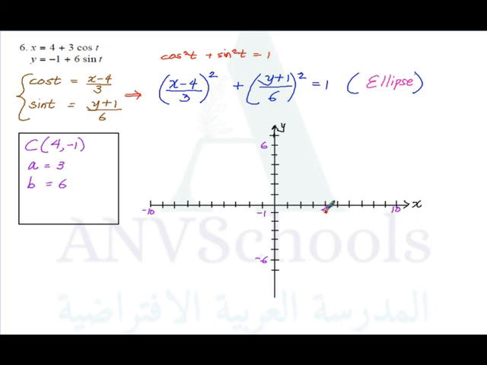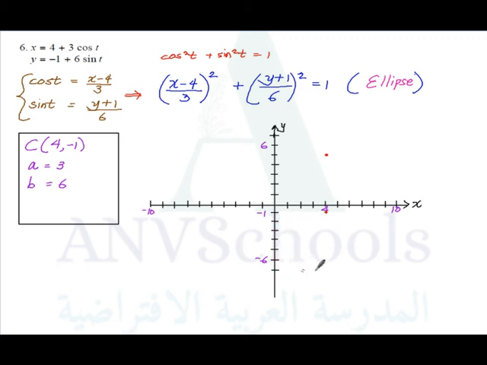So because our semi-major axis occurs at x is equal to 4, then we will have to count 6 units up and 6 units down. 1, 2, 3, 4, 5, 6. It would be here for the first vertex, and this is the location of the other. 1, 2, 3, 4, 5, 6.